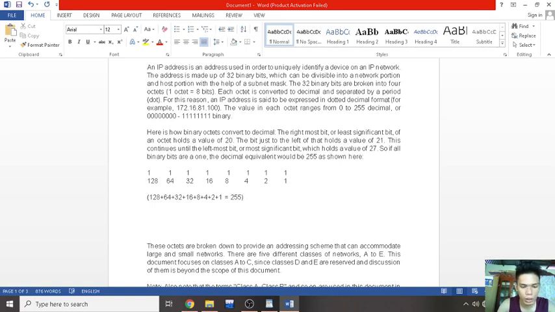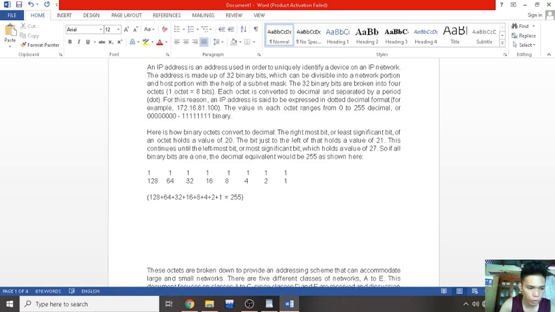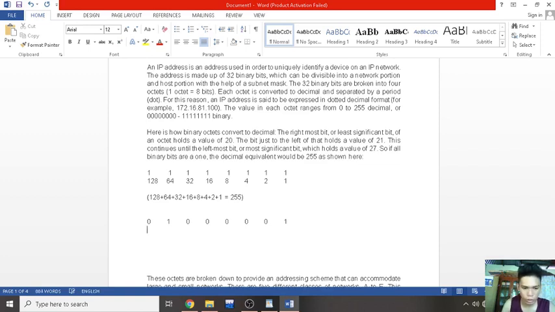Now here is an example of octet conversion when not all the bits are set. In the previous example, all bits were set to 1. So we will proceed to an example that has 0s. We'll put 0, 1, 0, 0, 0, 0, 0 and 1. Now we will identify the value.